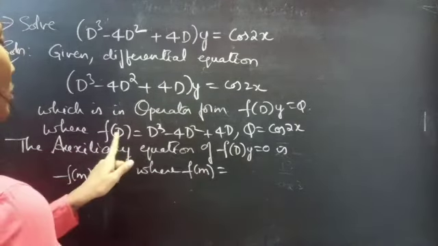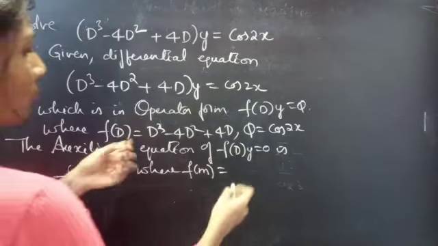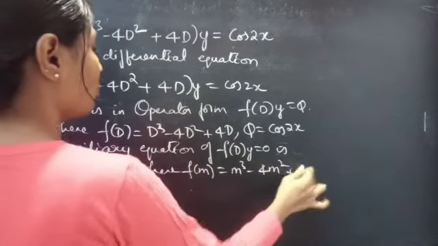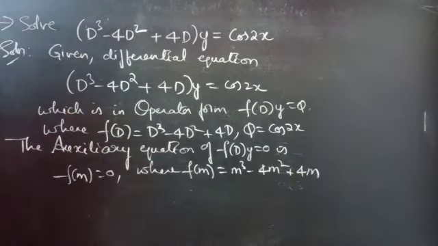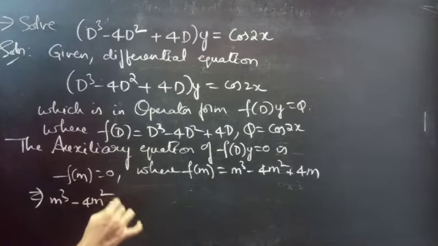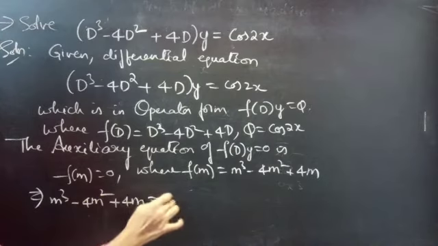So let's replace D by m, then we'll get f of m equals m cube minus 4m square plus 4m. Now our auxiliary equation becomes m cube minus 4m square plus 4m equals 0.